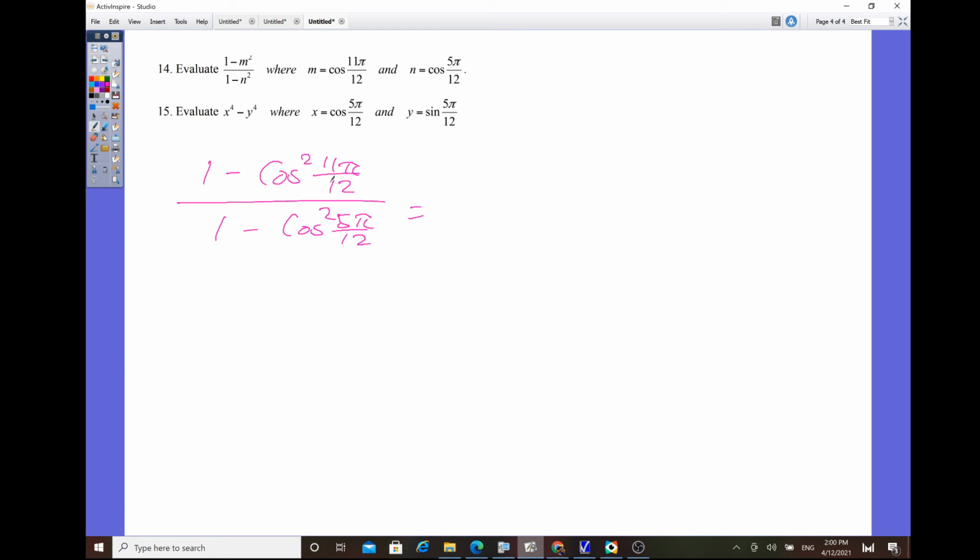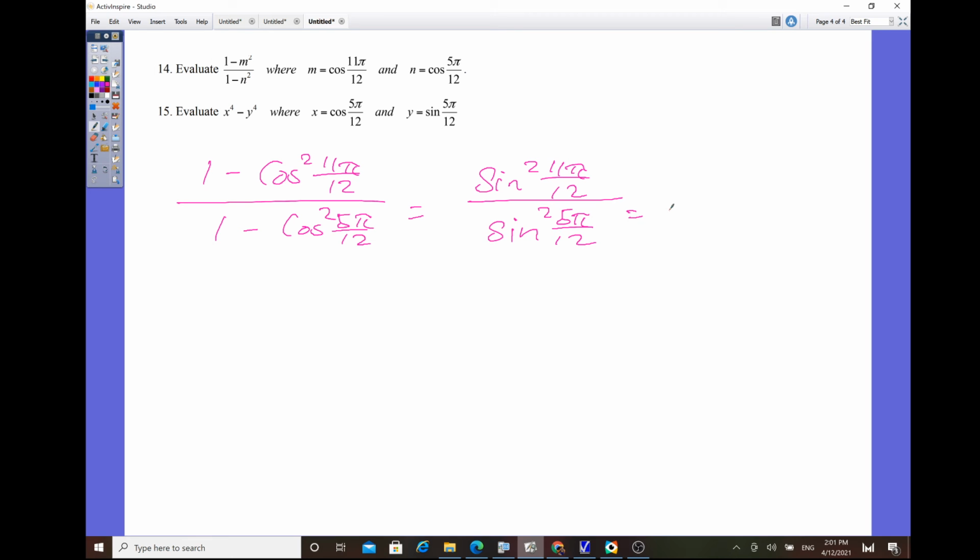So this one, 1 minus cosine square, just like sine square of 11 pi over 12. Using the Pythagorean identity, sine square of 5 pi over 12. Oh, perhaps we can just rewrite one of those. Okay, let's just keep it this way first.